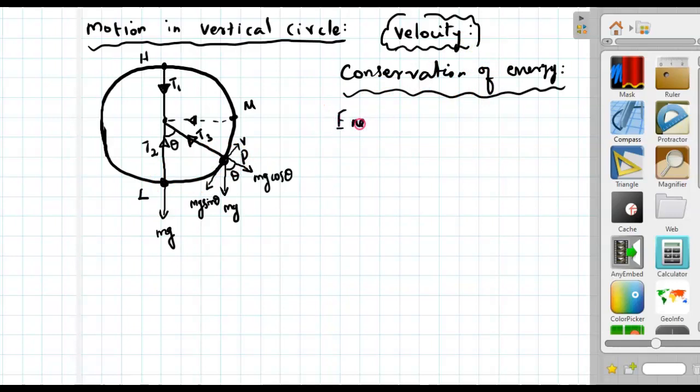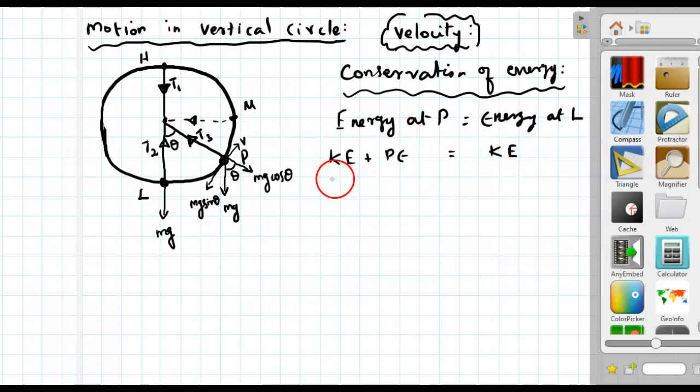So we can write energy at P is equal to the total energy at the point L. Here we have the kinetic energy plus potential energy, and here we have kinetic energy. The addition of these two energies is equal to the total energy. What is the kinetic energy formula? Half m, the velocity of the body at the point P is v, so half m v square.